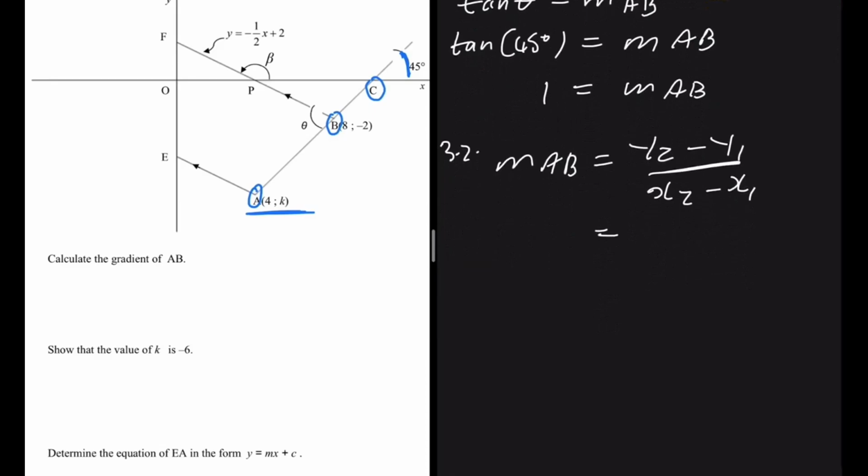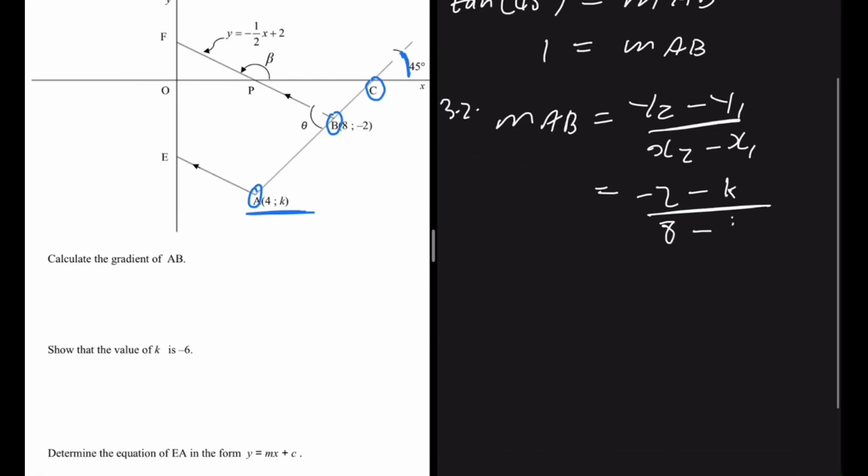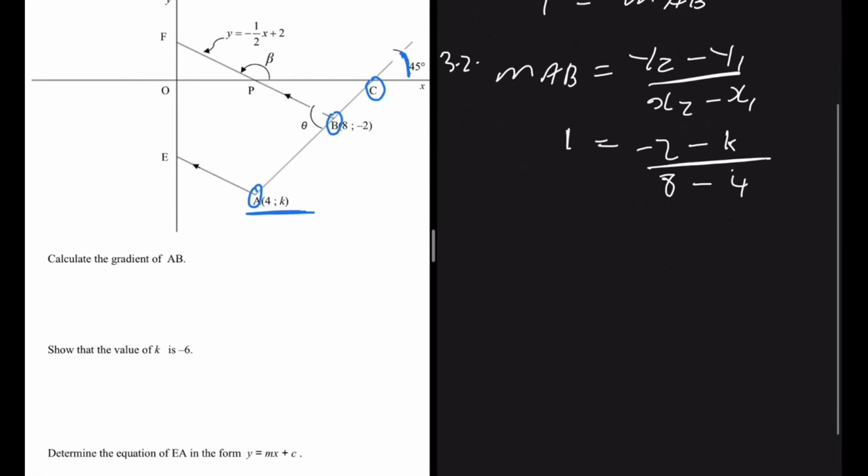So the y coordinate of B is minus 2, so we're gonna have minus 2 minus the y coordinate of A, which is k, all divided by x2, the x coordinate of B, which is 8, minus the x coordinate of A, which is 4. And then we know that m of AB is 1. That is the gradient, right?